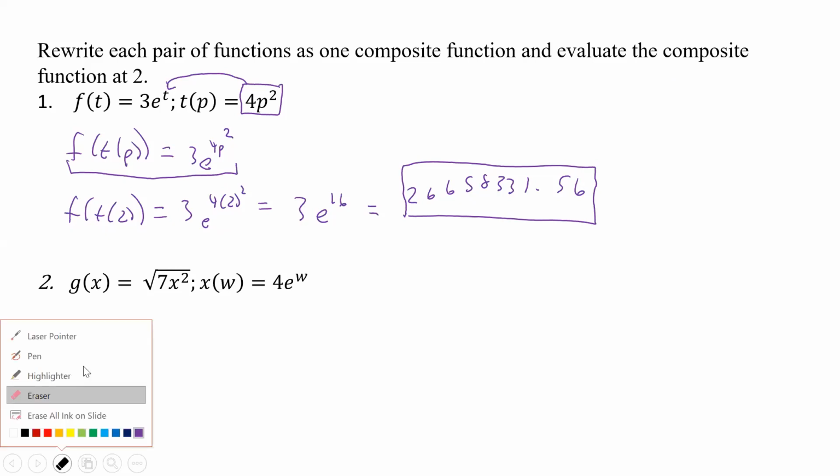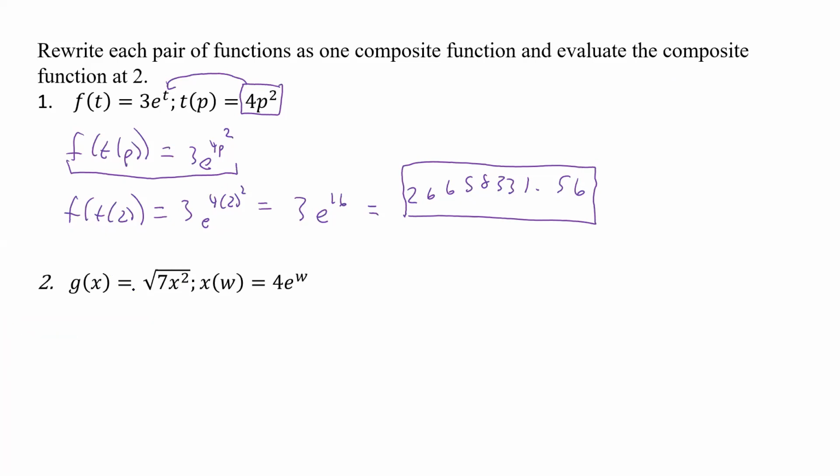Now let's do that on the second one here. g of x equals square root of 7x squared, and x of w equals this. All right, so what are we going to do? Well, it looks like we're plugging x in here, so we're going to plug this into here. So g of x of w equals the square root of 7 times 4e to the w squared.